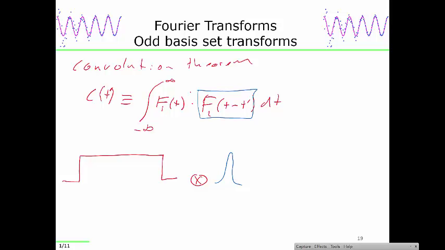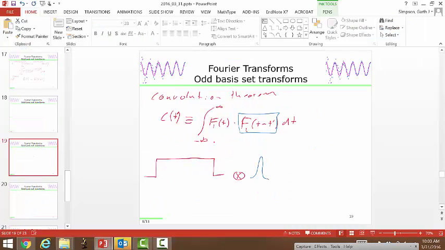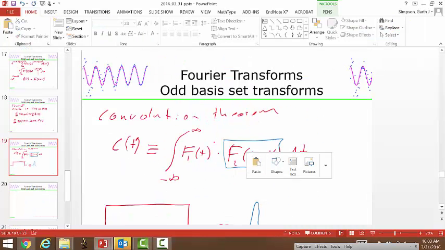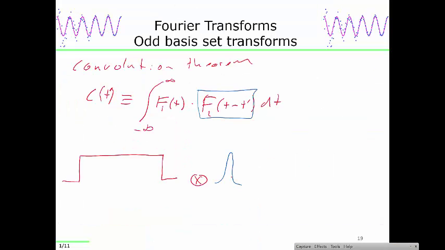What is it going to look like? Well, I wish there was a way to do this graphically. Okay, maybe I can. Maybe I'll try. Let's see if this works. Oops, wrong one.